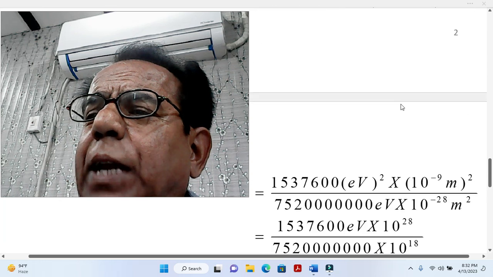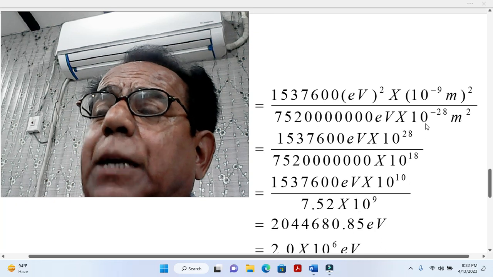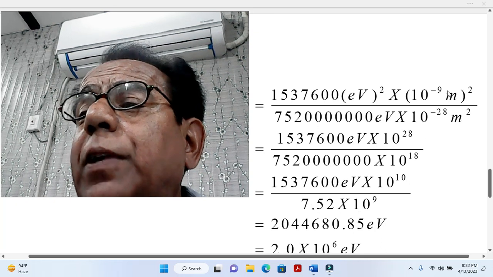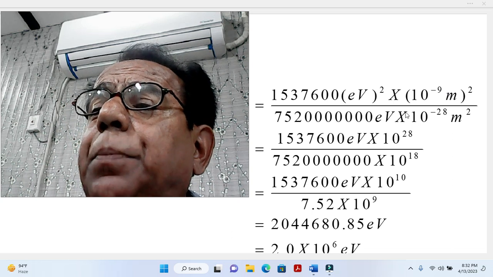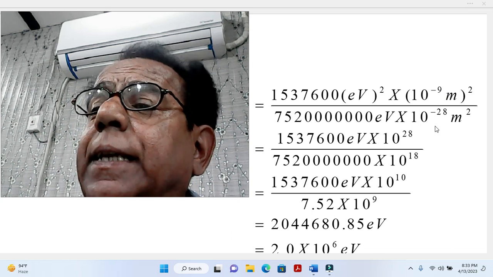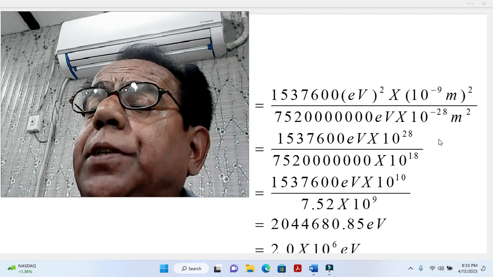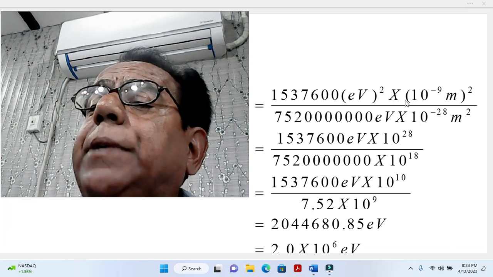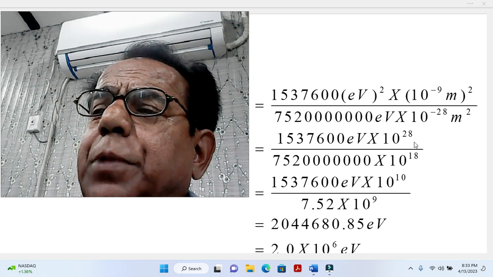In place of nano we have used 10^-9. In the next step 10^-9 squared, 10^-18, will move to the denominator and become 10^+18. Similarly 10^-28 will be shifted to the numerator and it will become 10^+28. So these changes have been made accordingly.